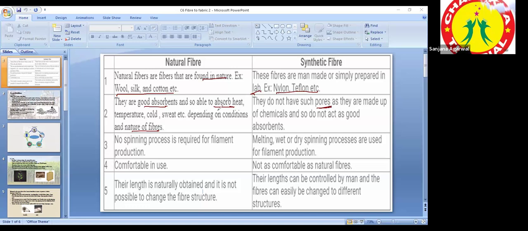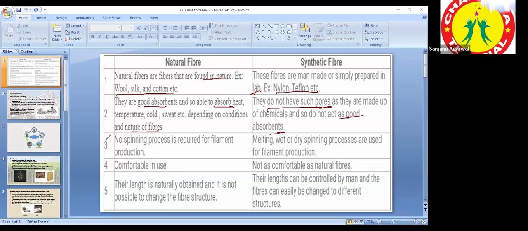What is the main and important point about natural fiber? That they have pores, so they either evaporate and absorb the sweat, or trap the air which keeps us warm. Synthetic fibers do not have pores, which is why they do not act as good absorbents.